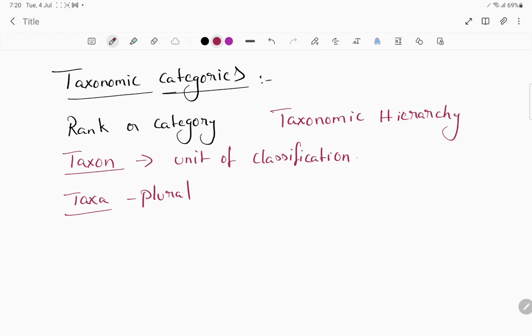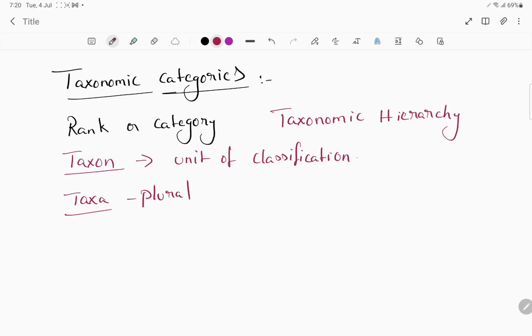For example, insects represent the organisms sharing three paired jointed legs. It means insects are recognized concrete objects which, when classified, are given a rank or category. Likewise, birds represent a group which has feathers, beaks and hollow bones, due to which they are kept in a separate rank or category in the taxonomic hierarchy.